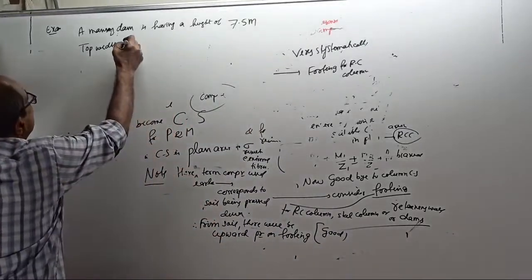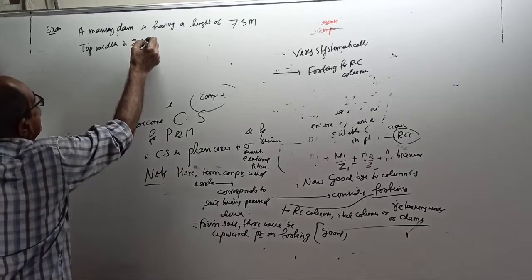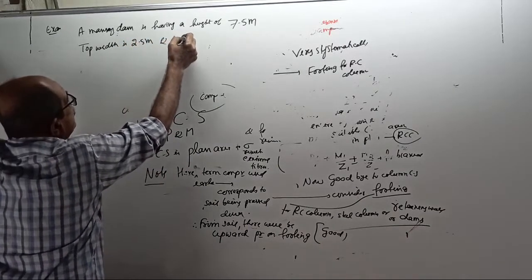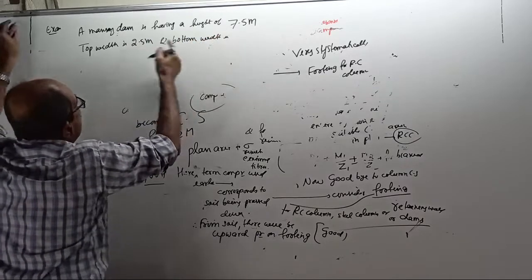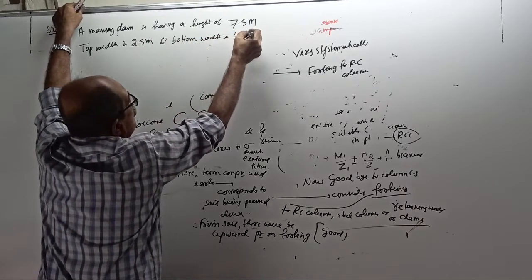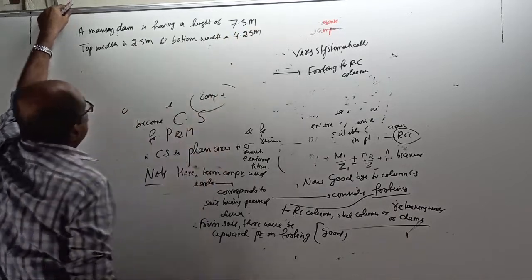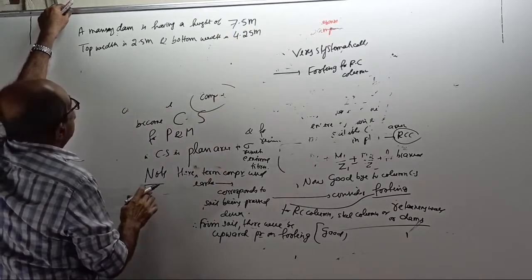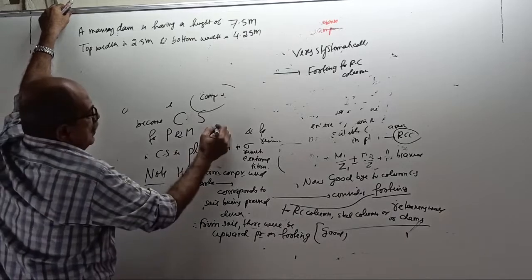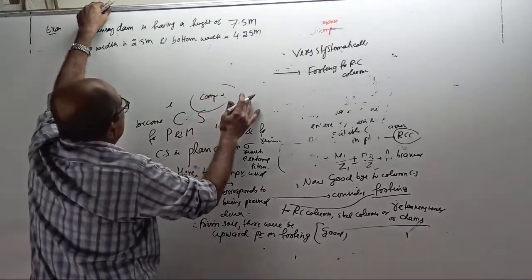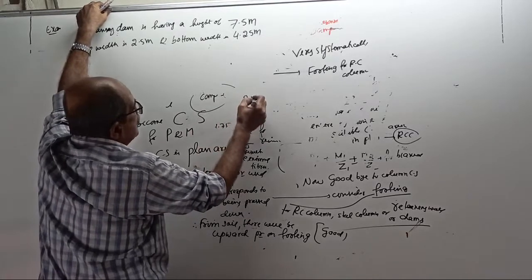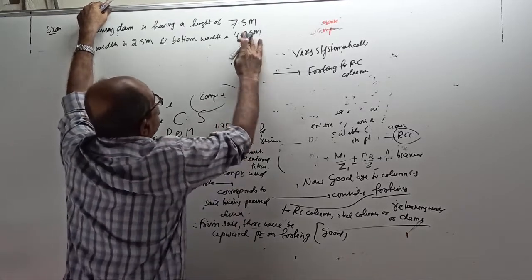Top width is 2.5 meter and bottom width is 4.25 meter. 2.5 plus 1.8, 4.3 meter.